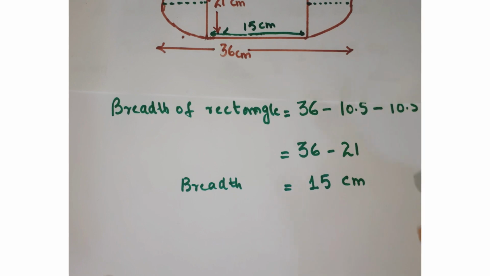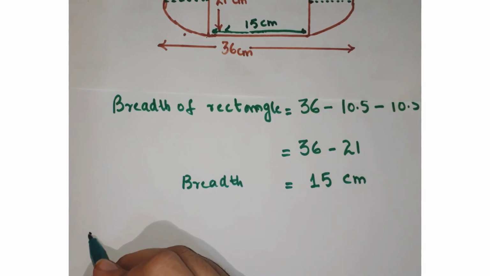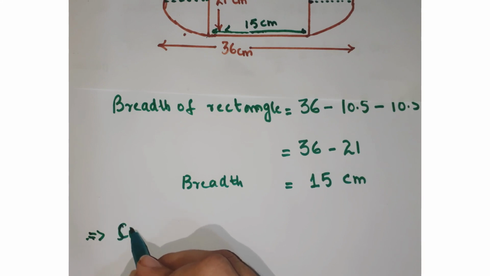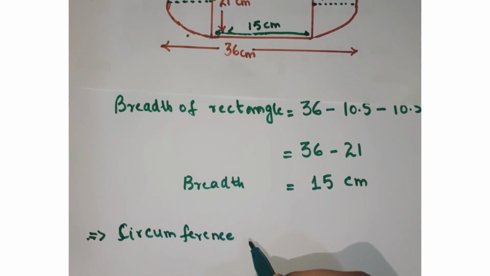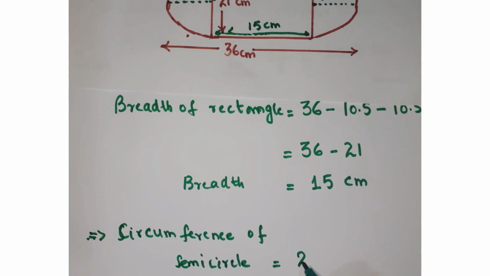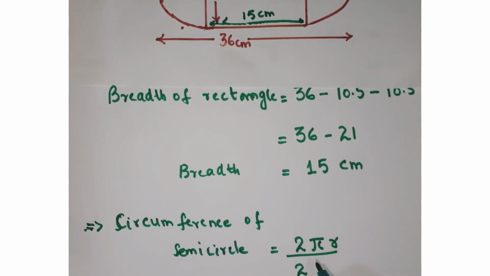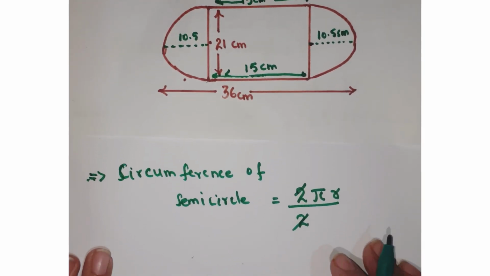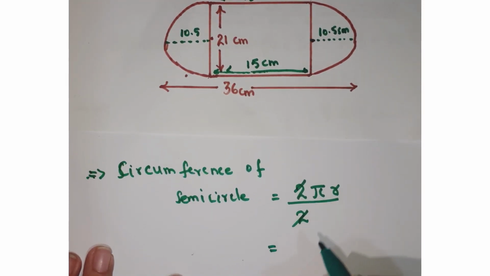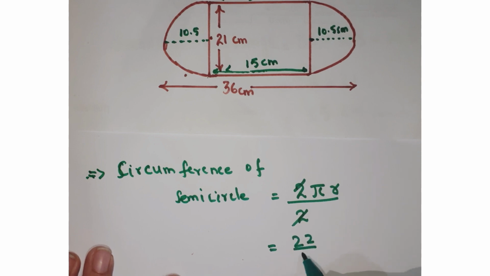So how you will calculate it? Next thing that we need over here is the circumference of semicircle, which is equals to 2 pi r upon 2. So put the values, just cancel. First of all, 2 is cancelled. So put the values. Pi is 22 upon 7.